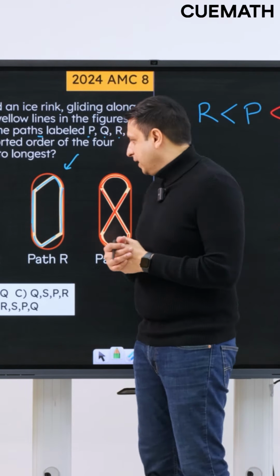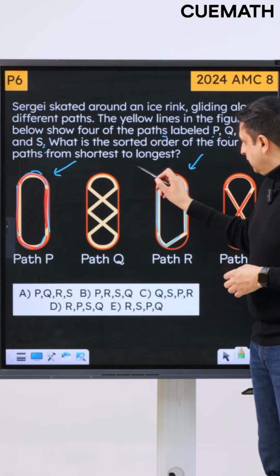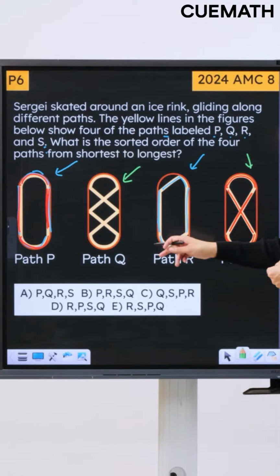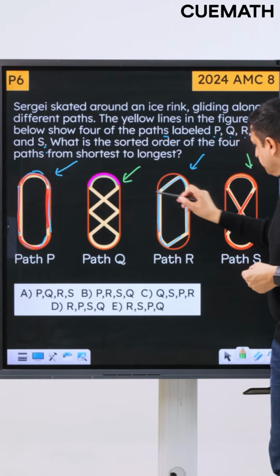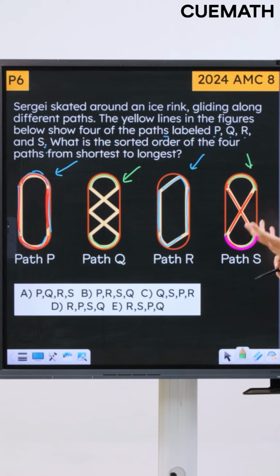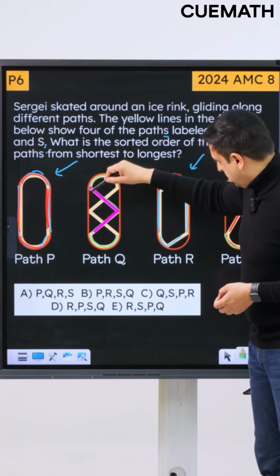And now I finally need to make a comparison of path Q with one of these paths. So let's compare Q with path S. Which do you think is the shorter path or the longer path? So in Q and S we have these common segments. These semicircular arcs are common, but then in Q you have this length here.